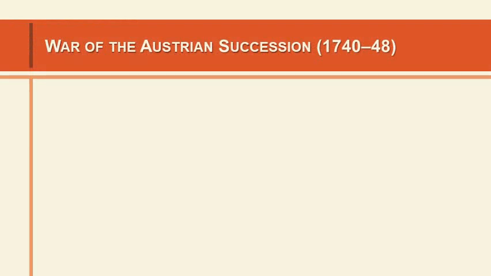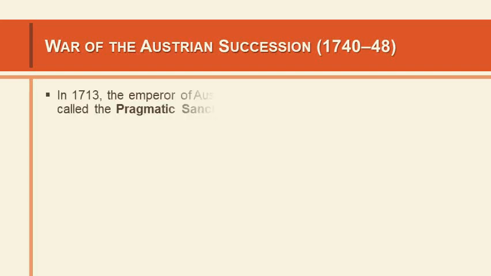So here at the top of page 312, we have the War of the Austrian Succession. This is a conflict that's going to be taking place on 3 continents. So we're virtually getting to world wars.